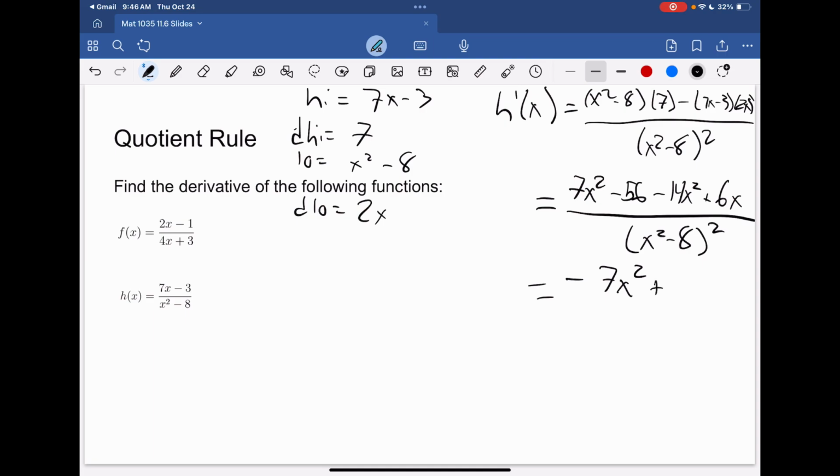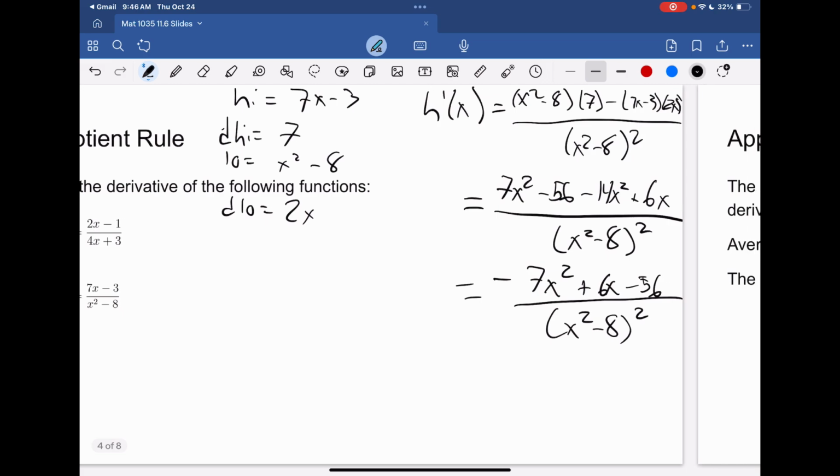So I have positive 6x minus 56, all divided by x squared minus 8 squared. And that is my final answer. So that is my derivative for that given function. All right. So it's a little bit aggravating to do, but it is just kind of an algorithm or rudimentary that you just kind of do. Once you get the hang of it and do it a few times, it'll be kind of second nature, okay?